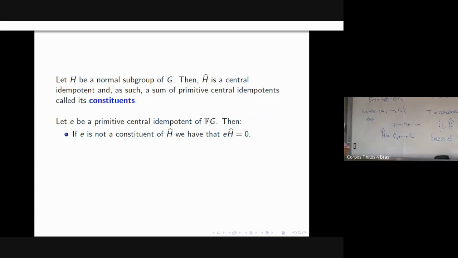So if I take one of the primitive idempotents and multiply it by H hat, I have to multiply all these by H hat. And what will happen? If E is none of these, then it's orthogonal to all of them, gives 0. If it's one of these, it gives E squared, it being idempotent, gives E. So there are only two possible results.